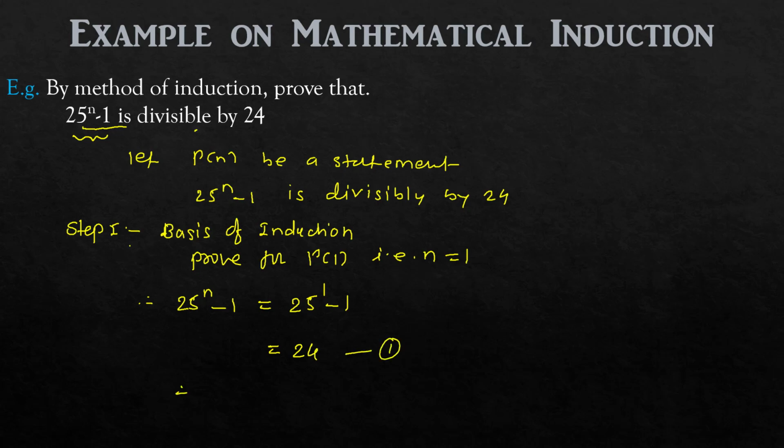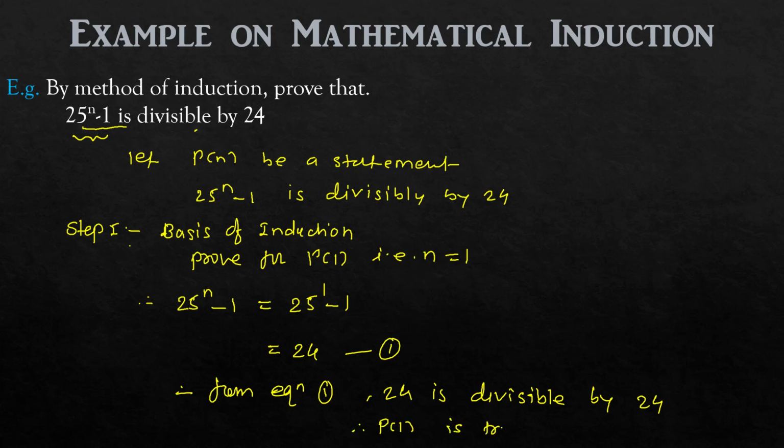Therefore from equation 1, 24 is divisible by 24. Therefore P of 1 is true for n is equal to 1.